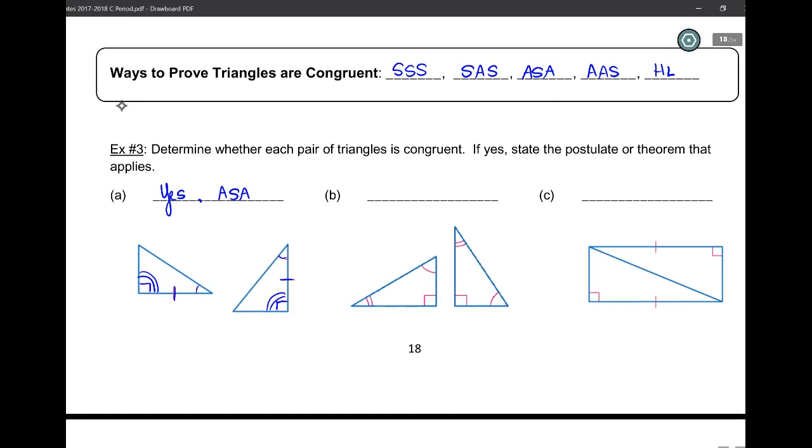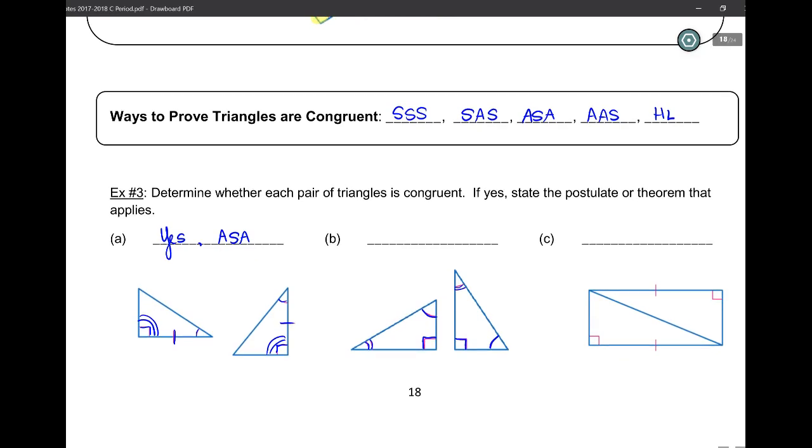Next, for B, I have right triangles again. I don't know whether or not the hypotenuse of one is congruent to the other. So it can't be hypotenuse leg. And if we look closely, we have a pair of angles here and a pair of angles here. What are we missing? We're missing a side. If you notice, all of these have a side, and of course hypotenuse leg, both of those are sides.